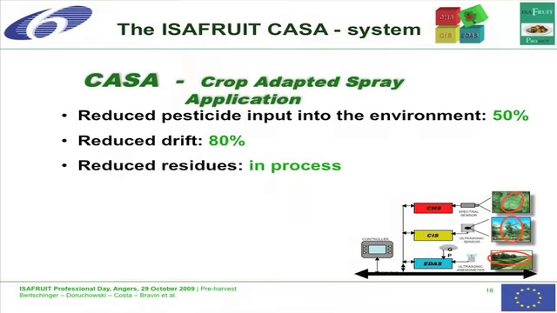With figures, I told you at the beginning of the presentation that we aim at a reduced pesticide input into the environment. We're about at the 50% level. Maybe there will still be some progress until the end of the project. With regard to the reduction of drift, you can achieve at least 80% reduction of the drift.